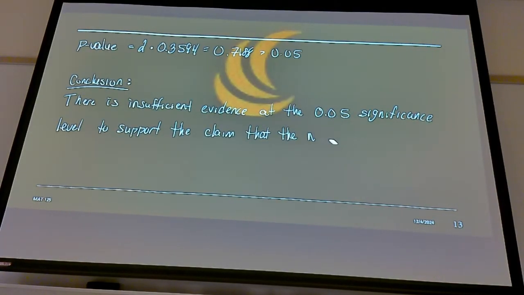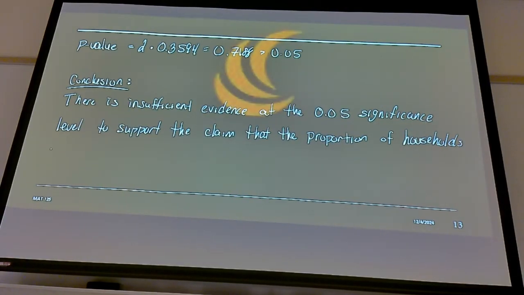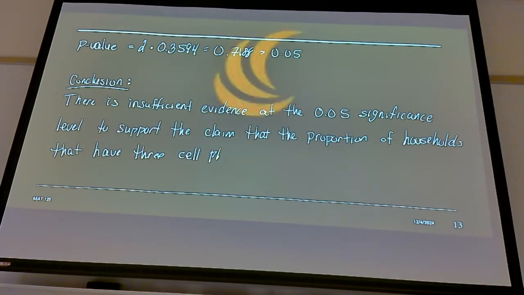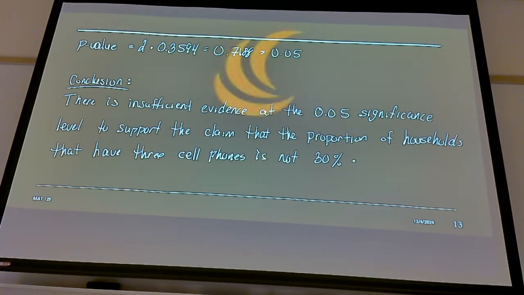Not number. What does that have? Insufficient evidence to support the claim at the 0.05 significance level that the proportion of households that have 3 cell phones is not 30%.